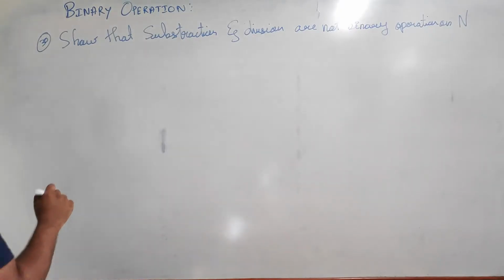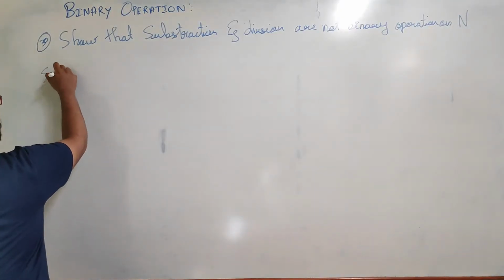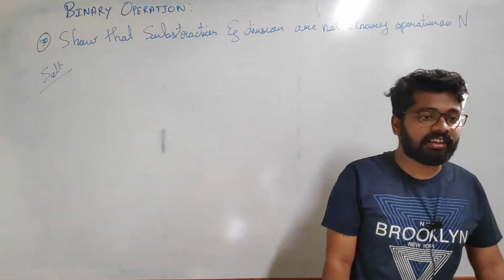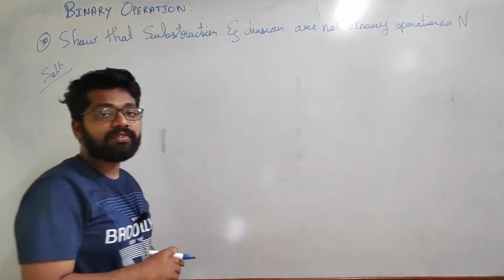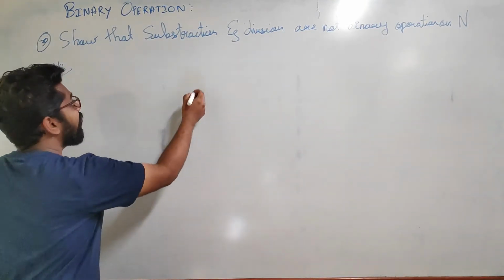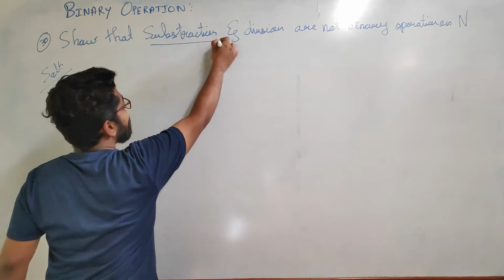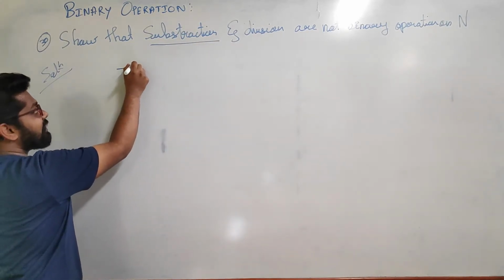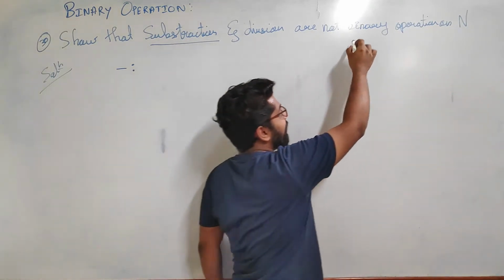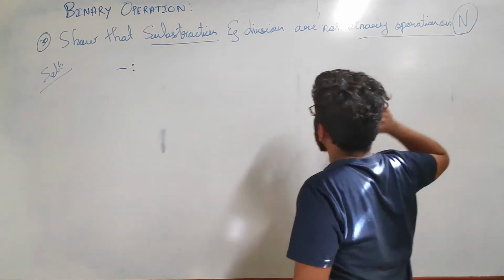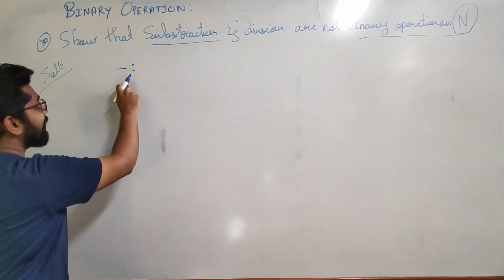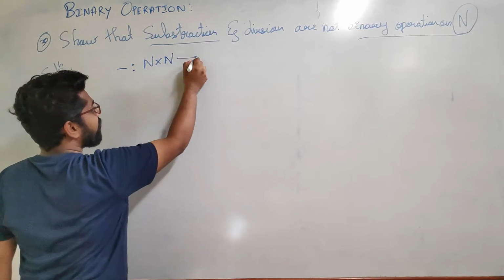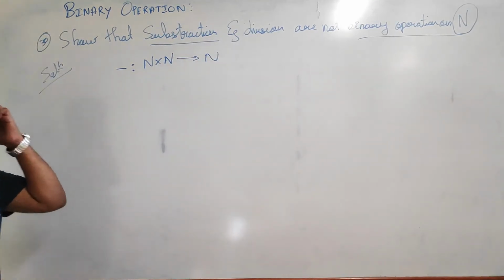Let us solve the next sum, that is example 30. Solution: show that subtraction and division are not binary operations on the set N. As we have seen in the definition, for subtraction, minus maps from the natural number set cross natural number set to capital N, natural numbers once again.